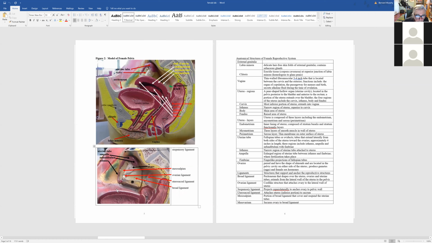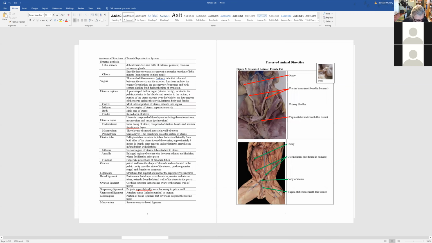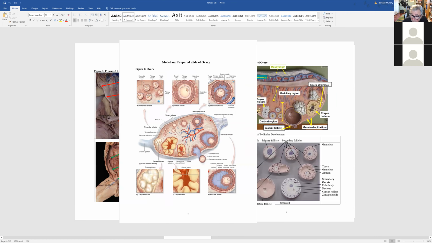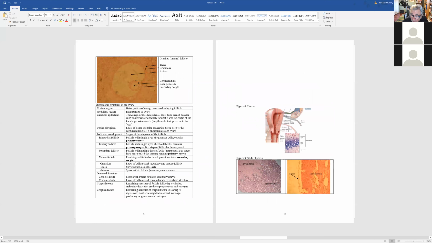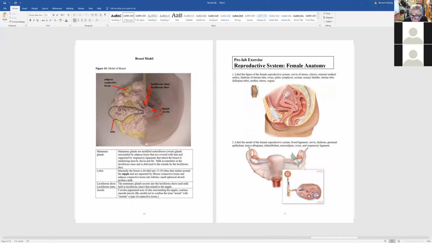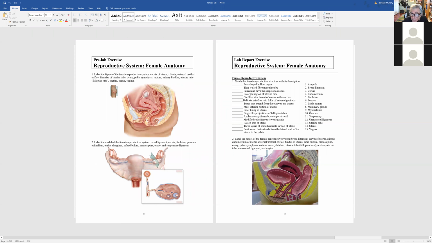So make that the broad ligament right here. Okay. I don't know why they did that. Change the names. That's 11. Okay. Yeah, anchors over from above the pelvic wall.